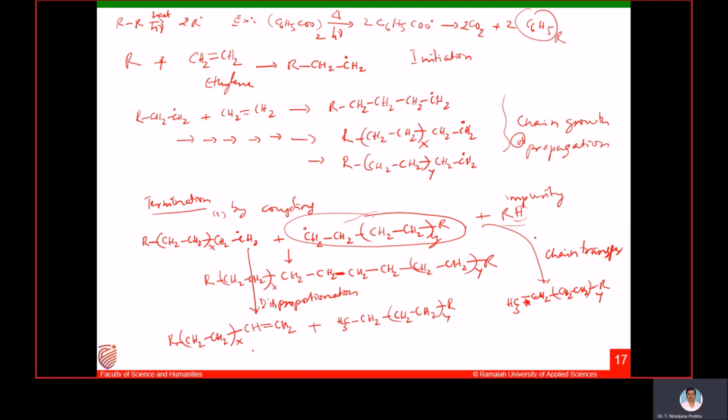What has happened to this? This R dot will be there. Okay, it's again reactive in nature. This can attack a new monomer, and this chain growth can continue with a new chain, because this R dot is there. So this is how we can show the mechanism for free radical addition polymerization.